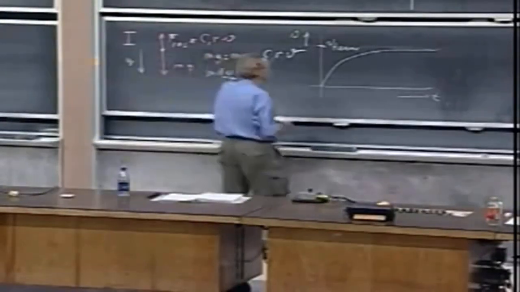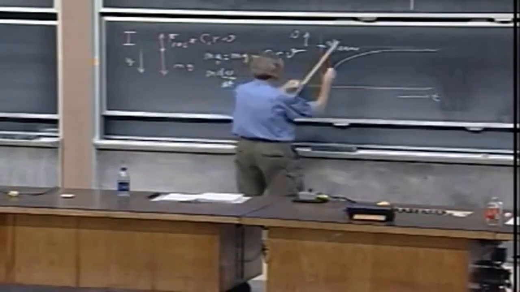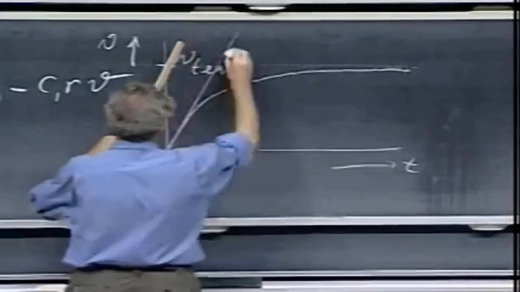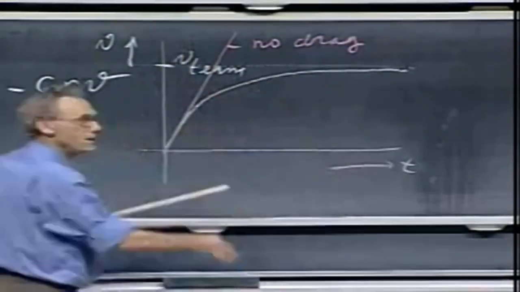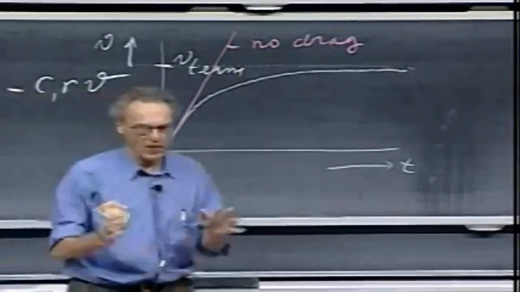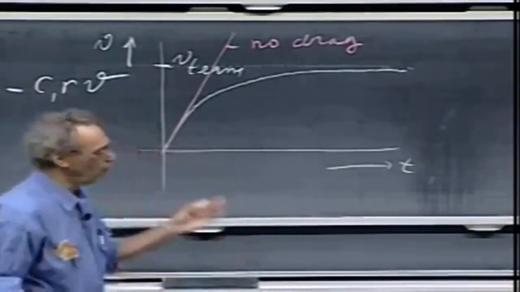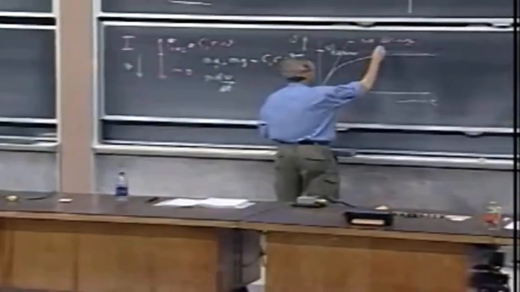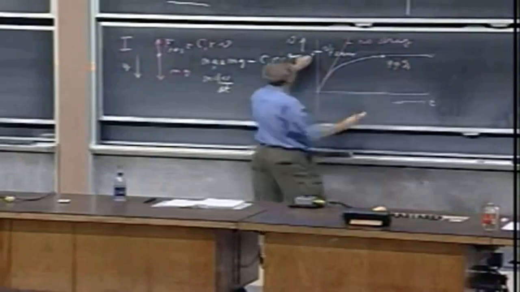If there were no drag force at all, I hope you realize that the velocity would increase linearly. So you would get something like this. So there's no drag. So the behavior is extremely different due to the drag. And I calculated already something that is part of your assignment. How long does it take for the 1/4 inch ball bearing to reach a speed which is about 99% of the terminal speed?